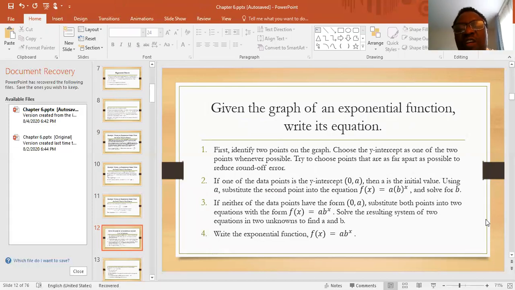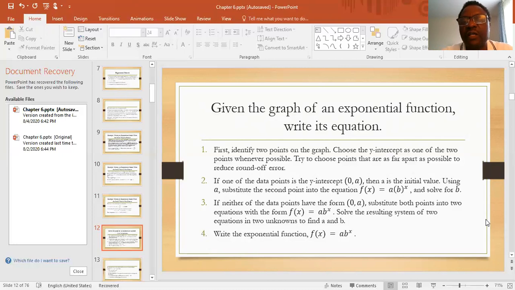Sometimes we will be given a graph of an exponential function, and we would like to determine that function. It will be smart to first identify the y-intercept, the point (0, a), and then any other point of the graph, and use those two points as we did on the previous slide to find the equation of the exponential function.